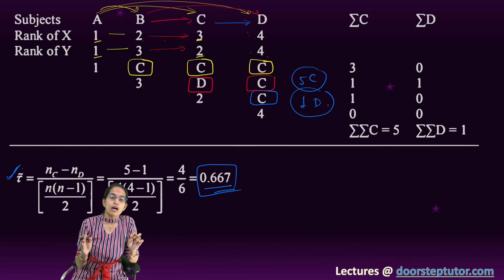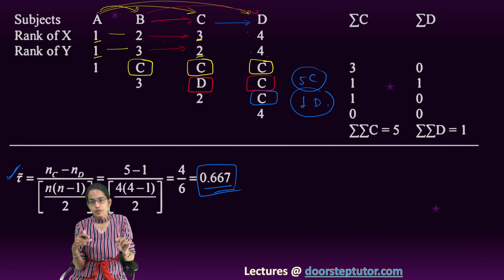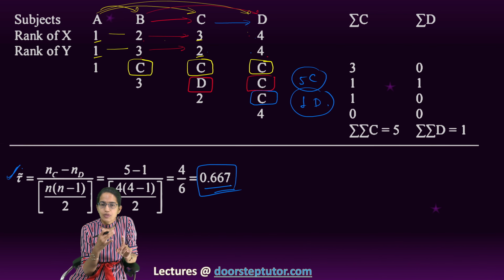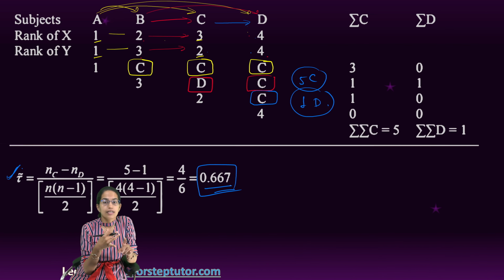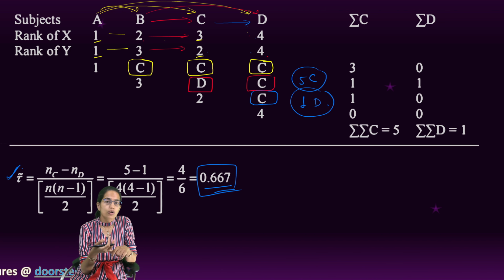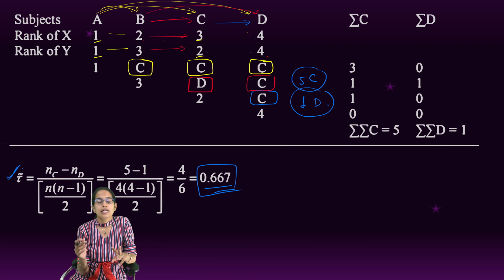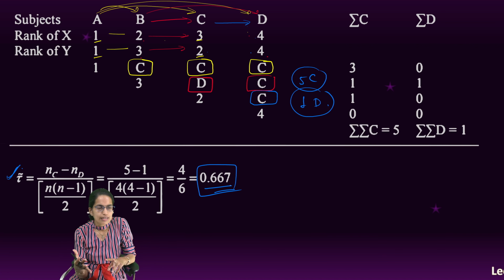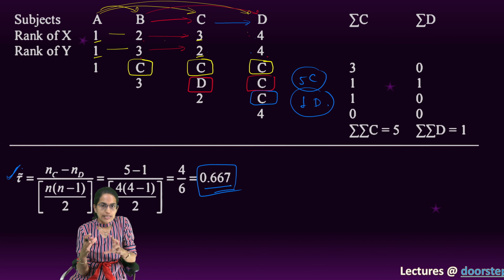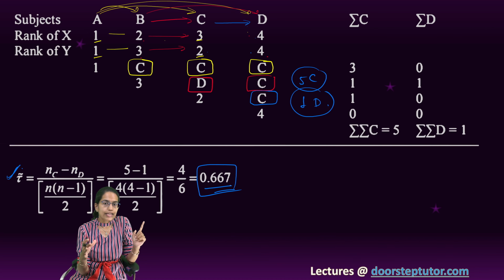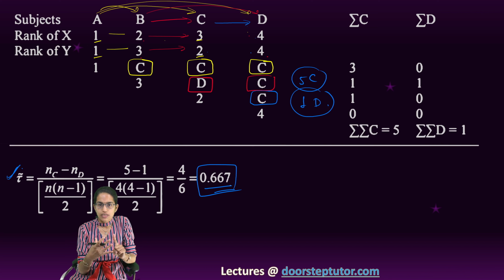Then we have found correlation by ranking. Under Spearman rank order correlation, we talked about two ways: untied ranks and tied ranks, where two persons have the same marks. In that case, you would have the tied ranking. Then we explained another method, which is Kendall's Tau.